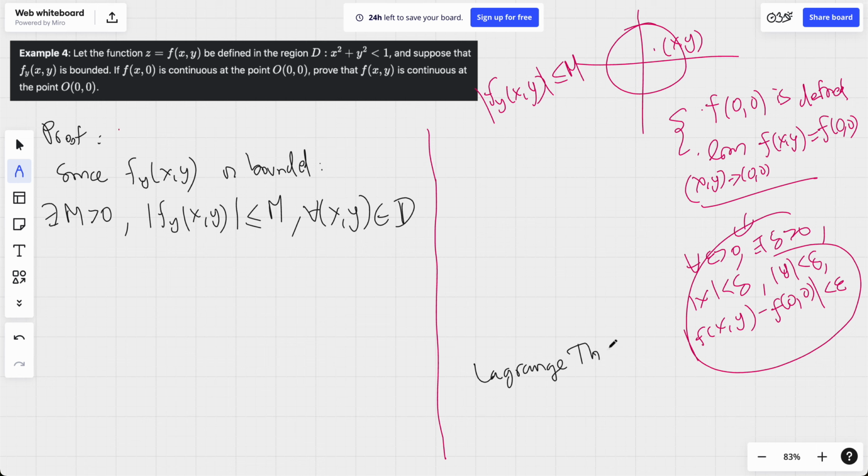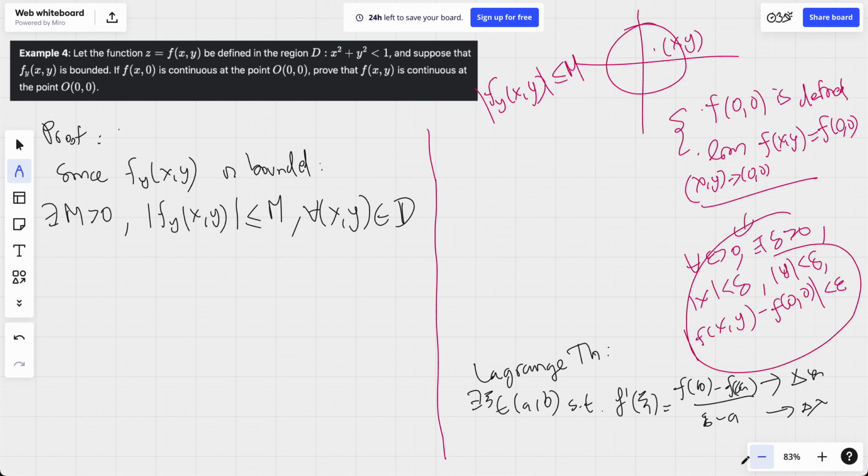So the Lagrange theorem for a one variable function is that there exists a c in the open interval between a and b, such that the derivative of f at x equal to c is equal to (f(b) - f(a)) over (b - a). So this is the change in y, this is the change in x.